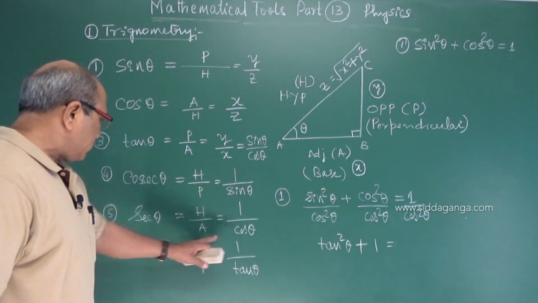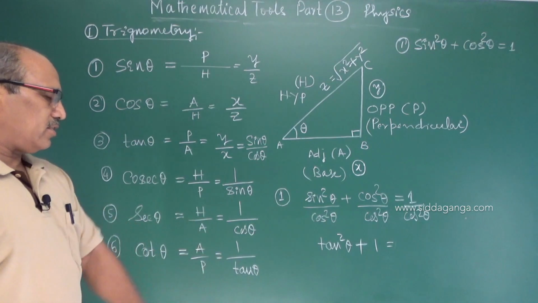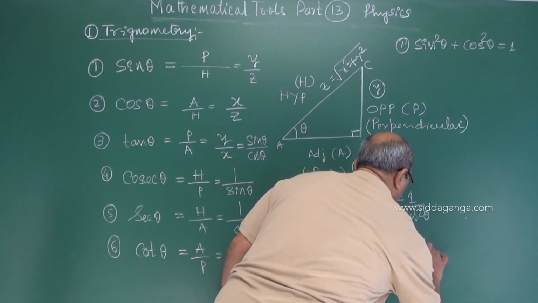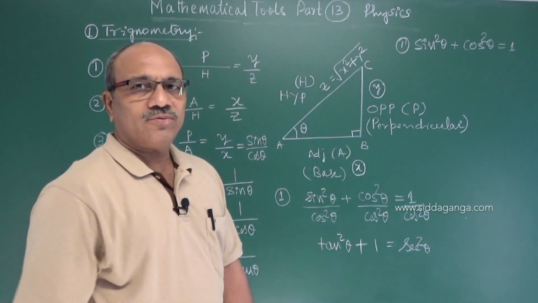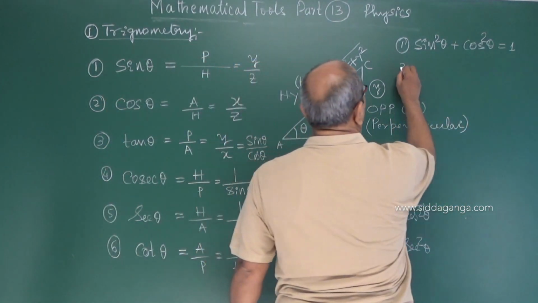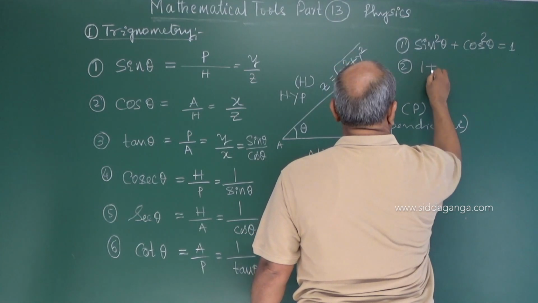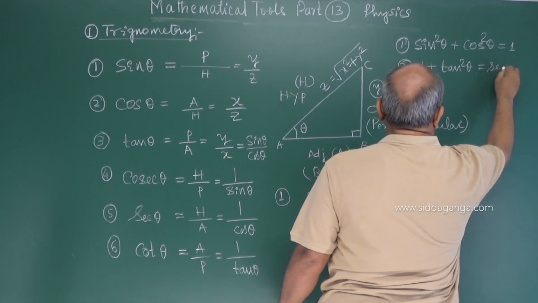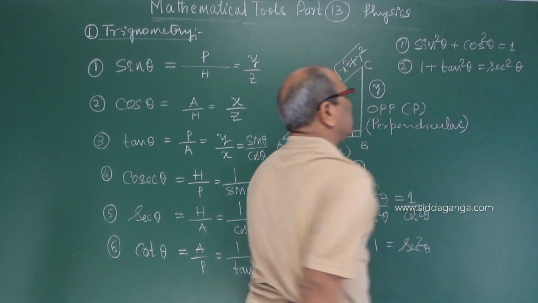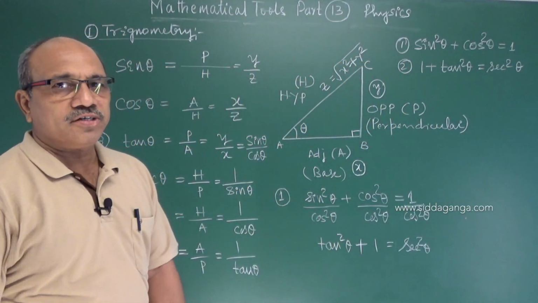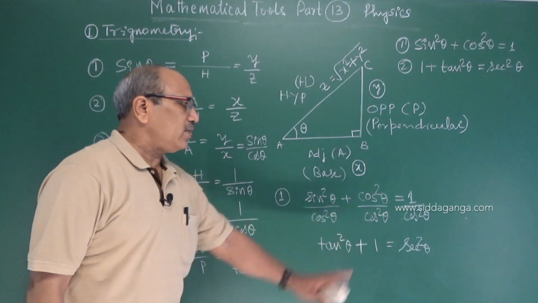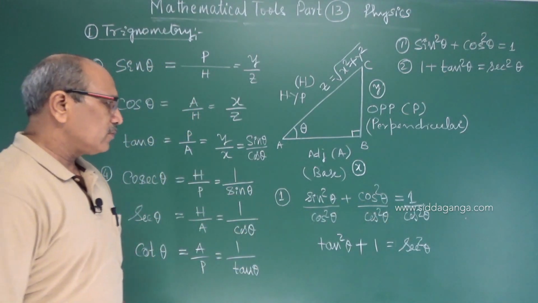However, 1 by cos theta we defined as secant theta. Therefore the relation comes to be secant square theta. We got that relation, the second: 1 plus tan square theta is equal to secant square theta. Important relation necessarily required, by dividing throughout by the cos function.